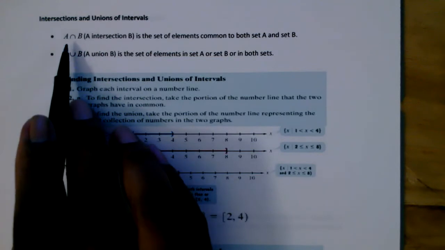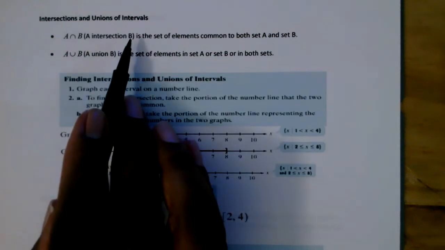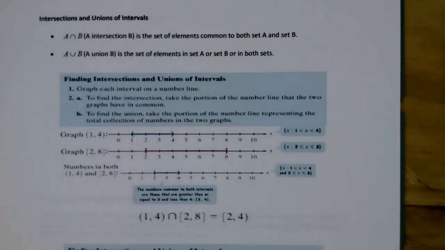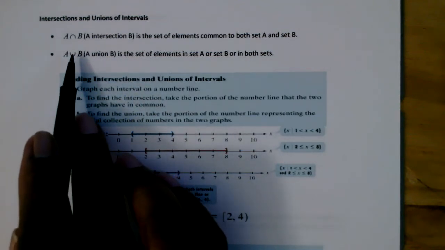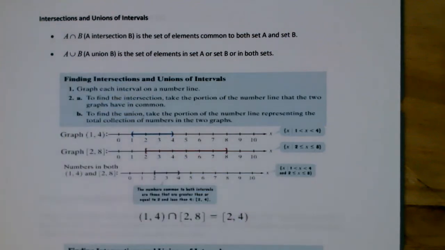Okay, this symbol right here, A with the upside down U and B, that means A intersection B, or the intersection of A and B. That's going to be the set of elements common to both sets A and B. And the other one is the union. Looks like the U right here. So A with the U and then B, that's going to be A union B, or the union of A and B. That's going to be the set of elements in set A or set B or in both sets.